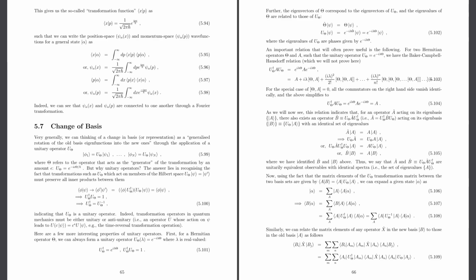Okay. Now it turns out that in general, in quantum mechanics, these transformation operators come in two varieties. They can either be unitary or something called anti-unitary. Now what does anti-unitary mean? Well, anti-unitary means an operator U whose action on some psi is as follows: if I have some C acting on the psi, so there's some scalar, then if U acts on this, what I get out here is C star.